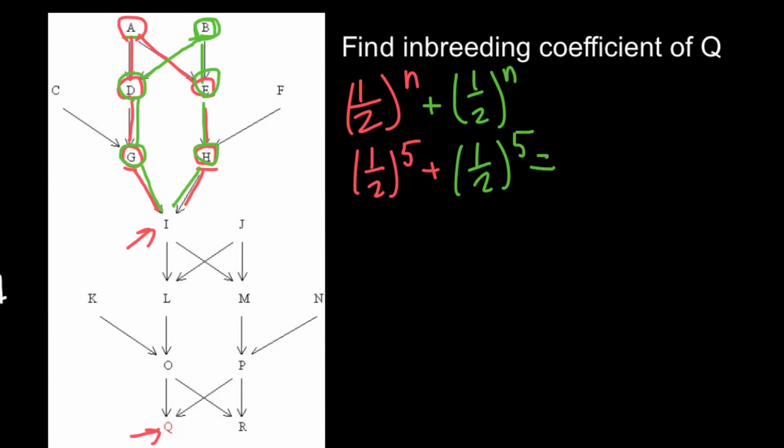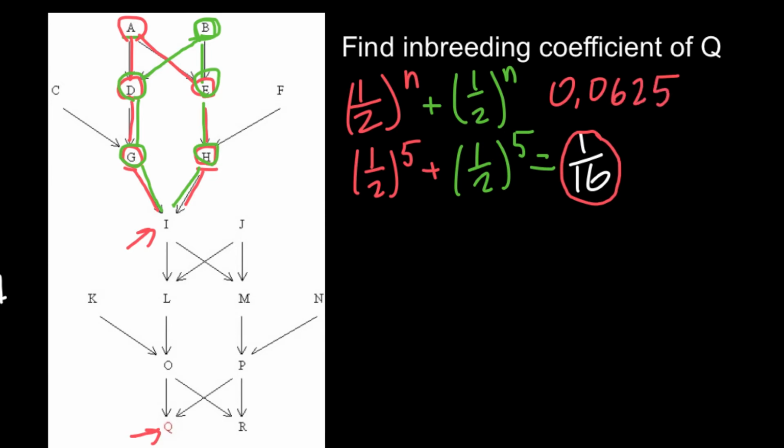So 1/32 plus 1/32 would give us an answer of 1/16. And this is going to be the inbreeding coefficient of individual I. We can also write this number as a decimal. We have to divide 1 by 16, and we are going to get 0.0625.